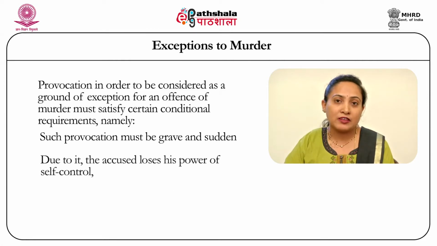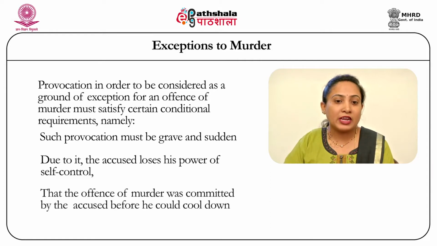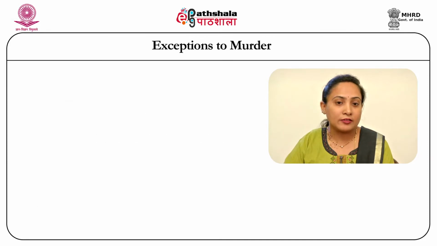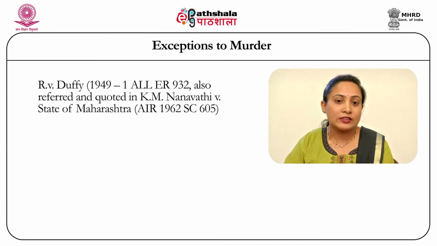Secondly, because of such provocation, the accused must lose his power of self-control. Now, this needs to be ascertained based on the examination of the facts of the case. Thirdly, the offence of murder must be committed by the accused before he could cool down. That is, his whole act of committing the offence should be during the period when he has lost control because of provocation. Now, all these views were also expressed in a well-known Indian case called Nanavati versus State.